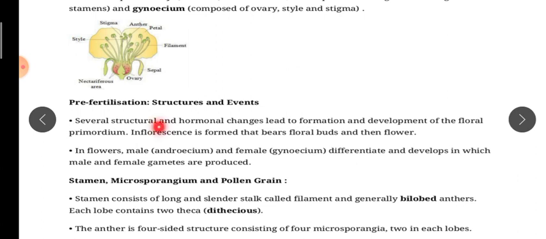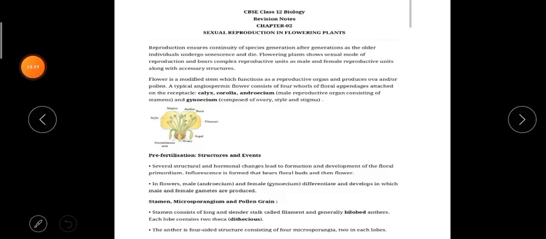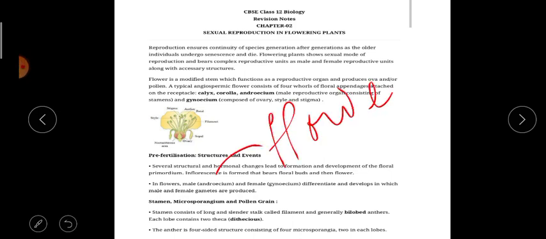Different structures are formed because of hormonal changes in flowers, which lead to floral development, or inflorescence. In simple words, inflorescence means flowering.